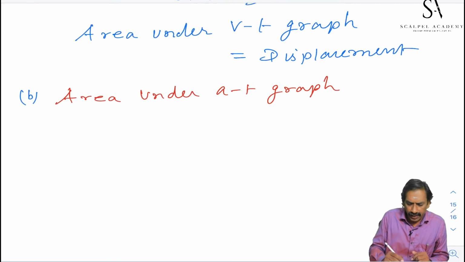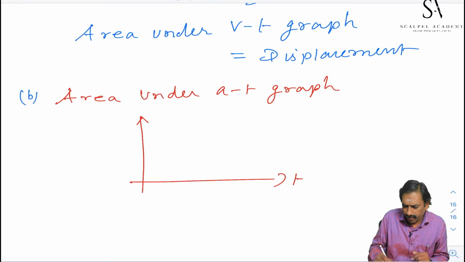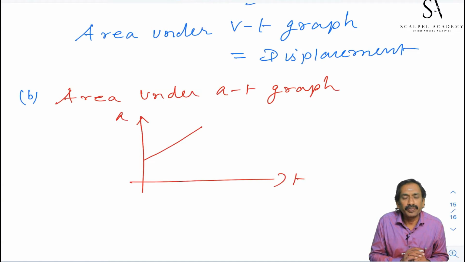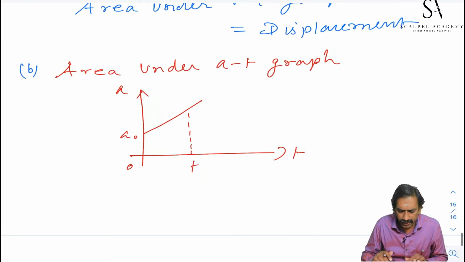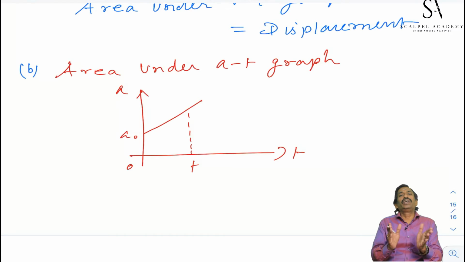Suppose I take an acceleration as a function of time. This is the initial acceleration, a naught, we take it. In the interval 0 to t, if you calculate, you will get a change of velocity. So, area under AT graph gives change of velocity.